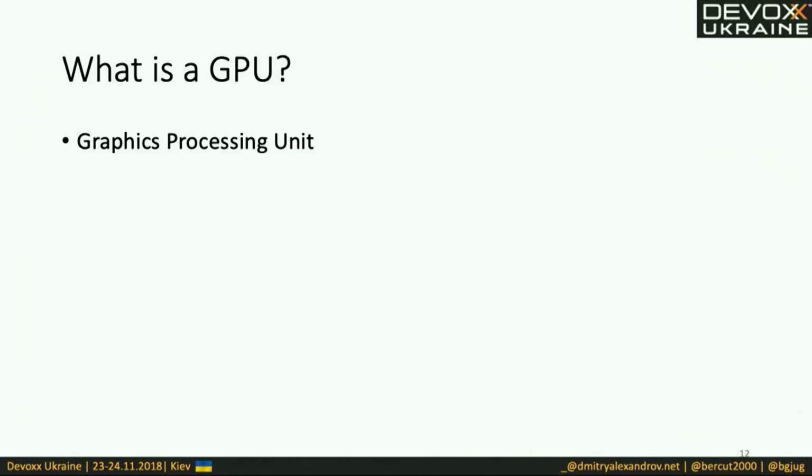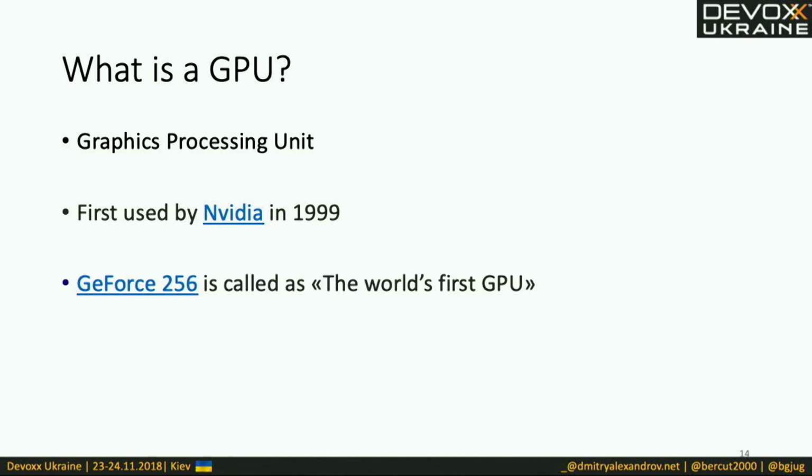Probably you have heard talk about the GPU. So what may a GPU be? Let's start with the definitions as well. This is a graphics processing unit. The first use of this term was back in 1999, with the GeForce 256, called the world's first GPU. How many of you have had it? I had it. Yes, as I received it, I was shouting loud.